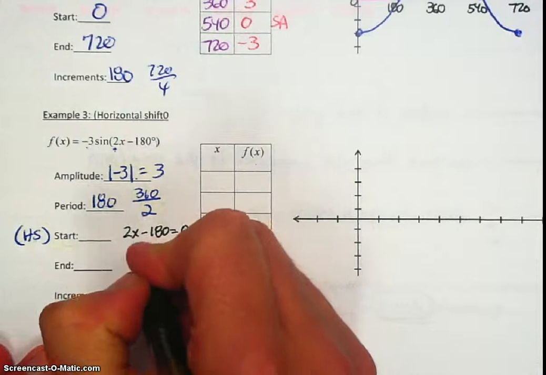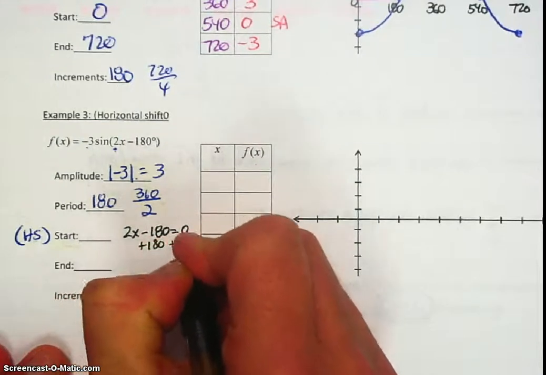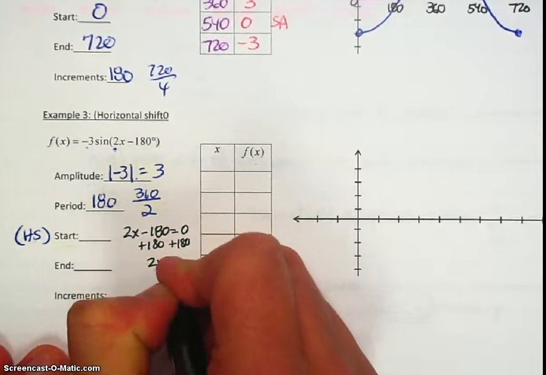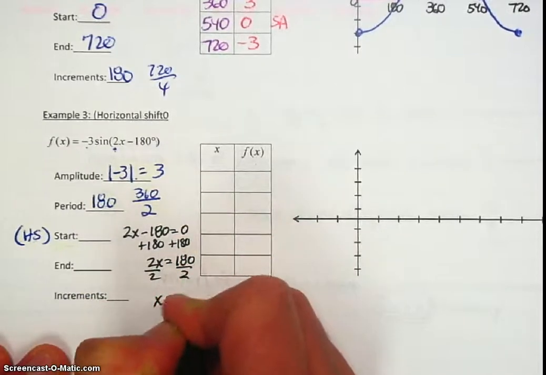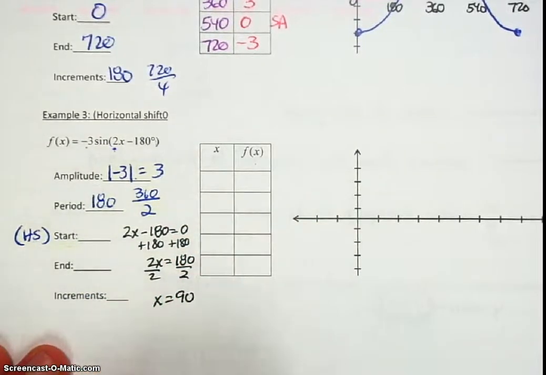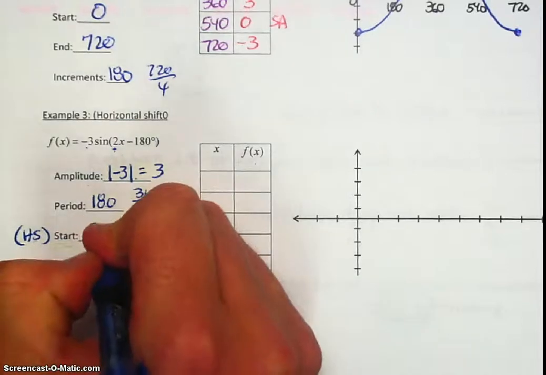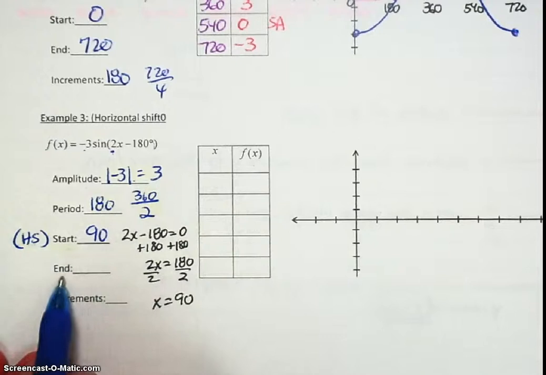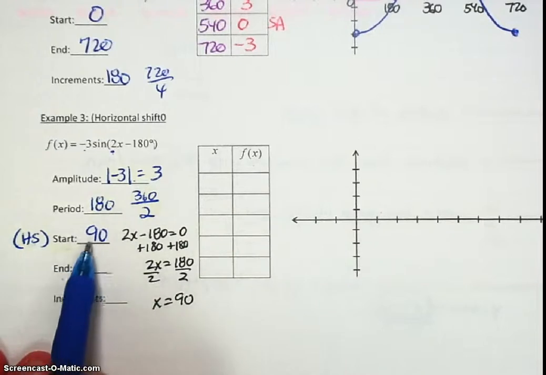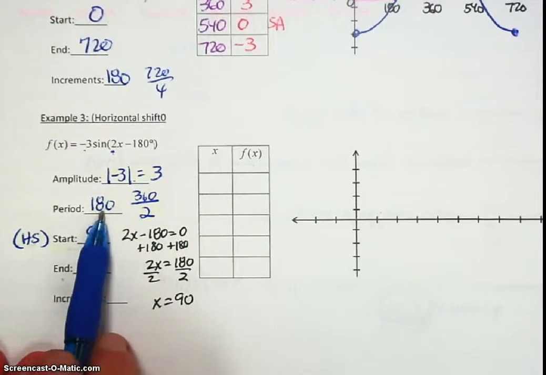We add 180 to both sides and we get 2x equals 180, and we divide by 2 and we get x equals 90. That 90 is now my new starting point. So I'm no longer starting at 0 today. Now to find the end, we do the same thing. We take the start and we add the period to it.